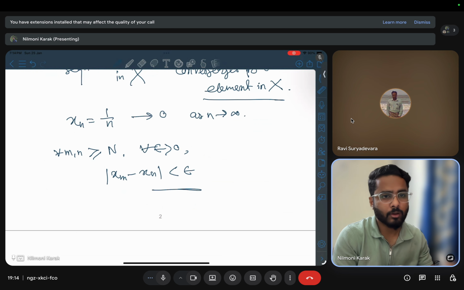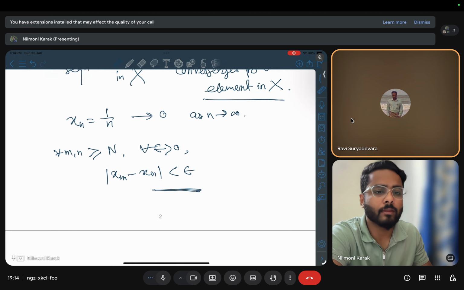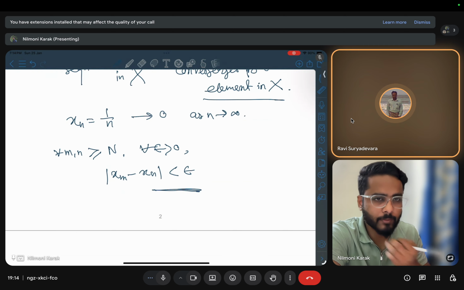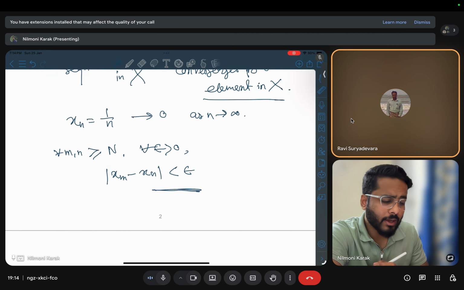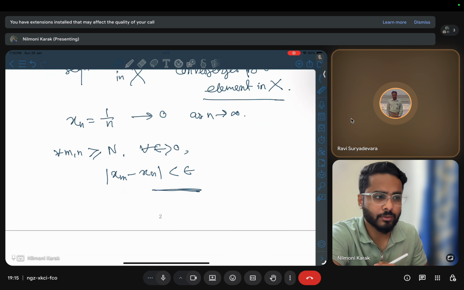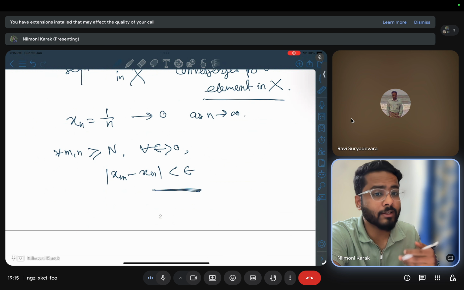However small epsilon may be, the difference will be smaller than that. In R, Cauchy means convergence and convergence means Cauchy, they are the same thing.